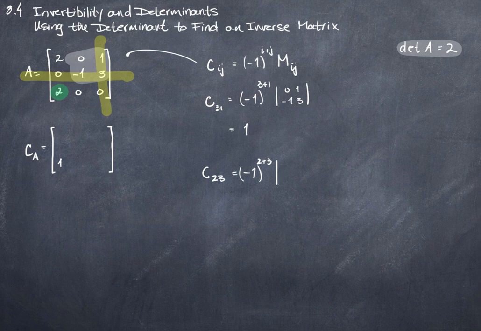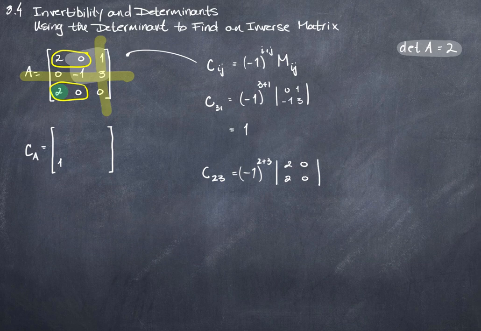Let's see, I'll do it this way. Those are the entries left over when I cross out row 2, column 3. So my determinant is 2, 0, 2, 0.